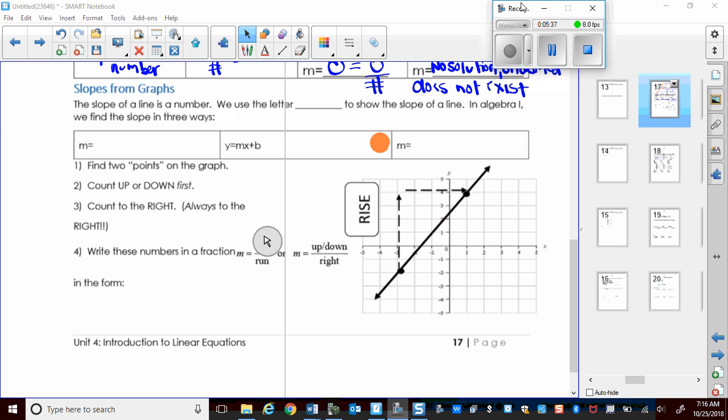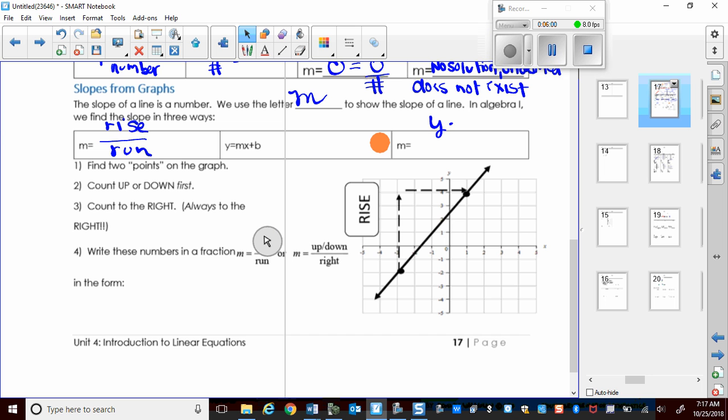it can be gotten in a couple different ways. The slope of a line is a number. We use the letter m to show the slope of a line. In Algebra 1, we find the slope in 3 ways. One, we can use the slope formula, the rise over the run, or we can say the change in y's.